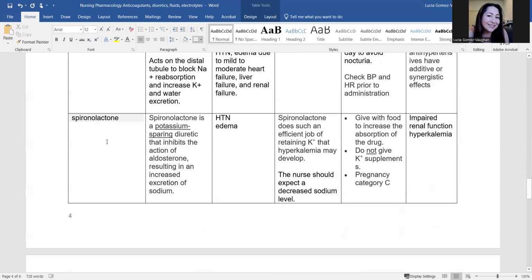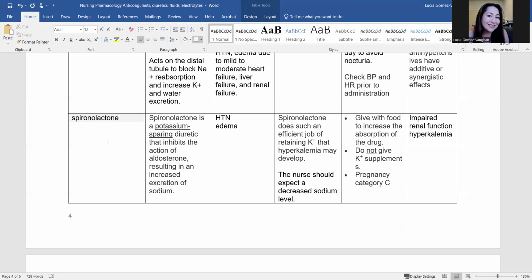Spironolactone, this is our potassium-sparing diuretic. So we might have hyperkalemia with this one. Spironolactone is a potassium-sparing diuretic that inhibits the action of aldosterone, resulting in excretion of sodium. It's given for hypertension and edema. Spironolactone does such an effective job of retaining potassium that hyperkalemia may develop.